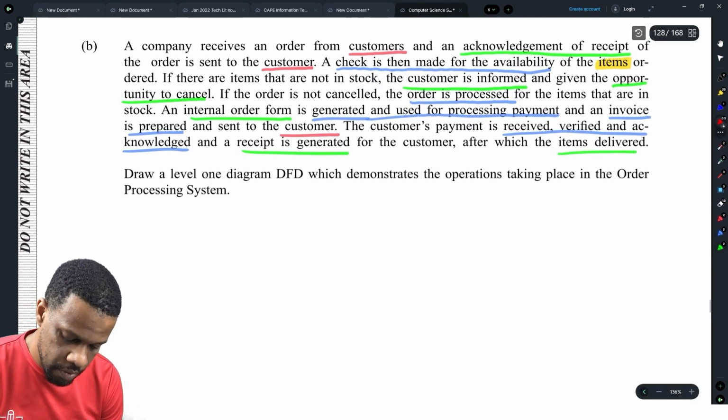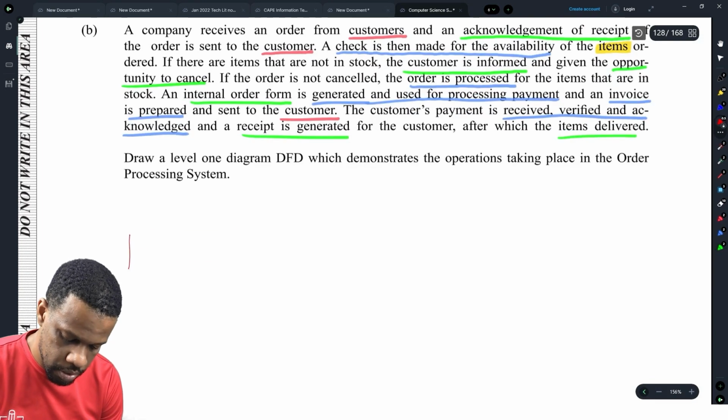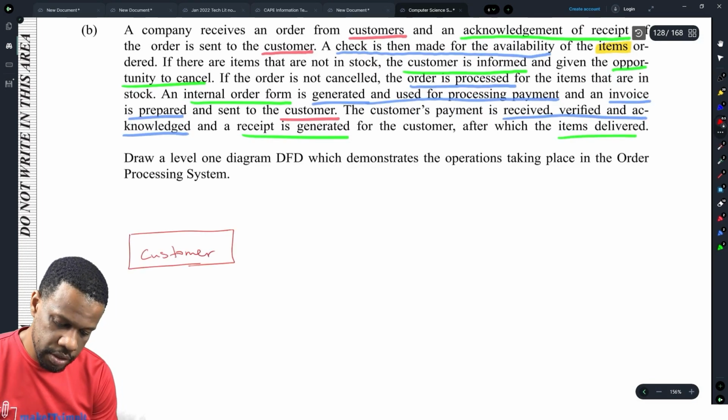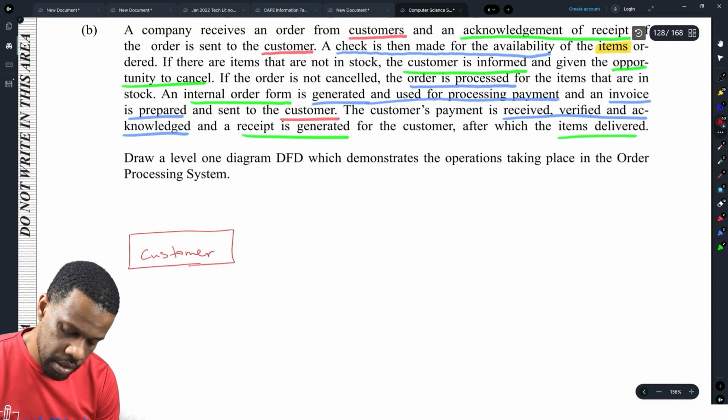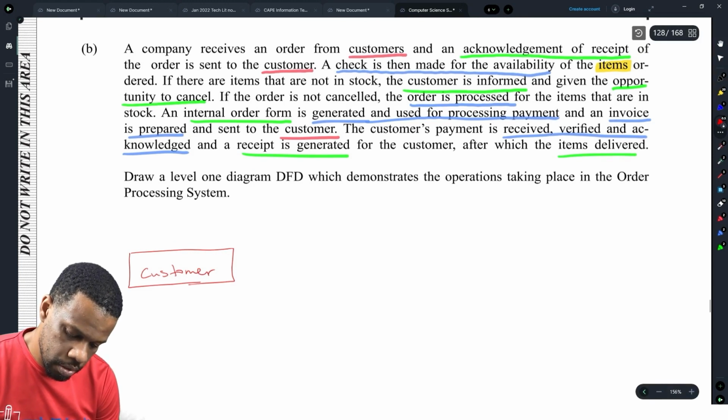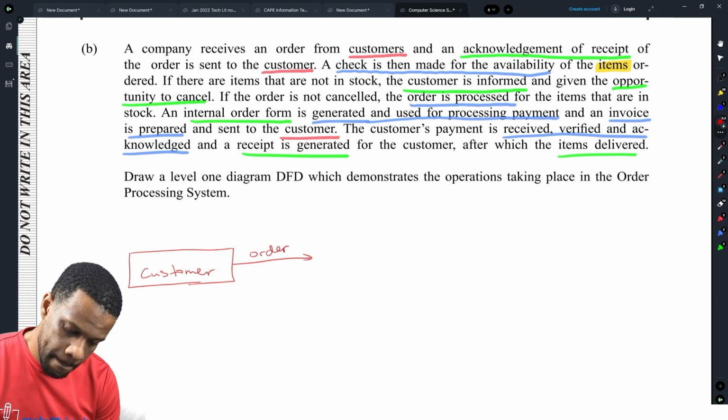So we have the customer, which is an external entity, sends in their order. An acknowledgement of receipt is sent to the customer.